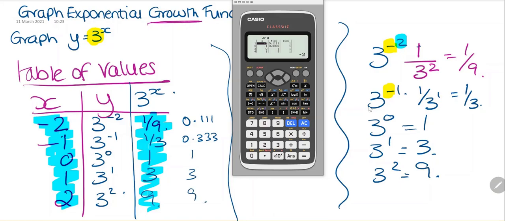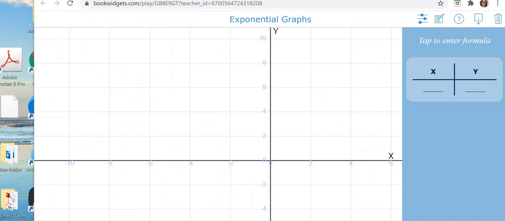So what I'm going to do now is use an active plot. Okay, so I'm going to type in my values that I've got. So it was -2 and 0.111, and -1 and 0.333, and 0 and 1, and 1 and 3.